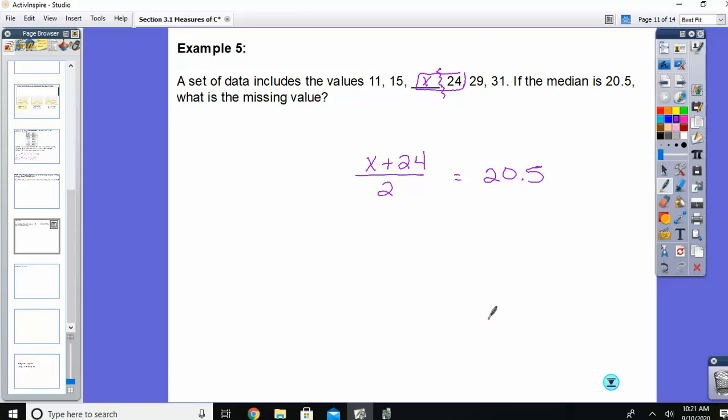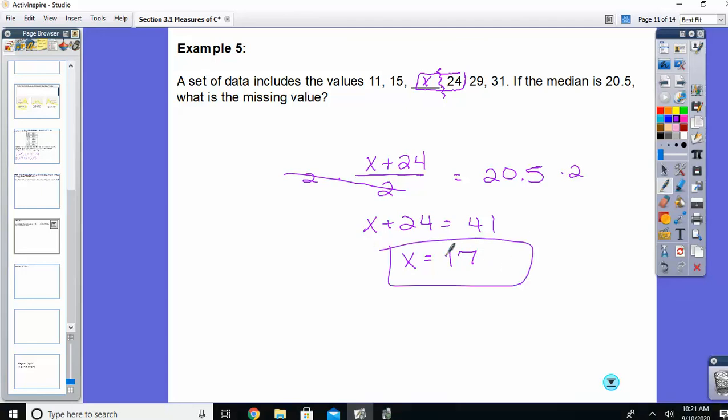Now, isn't this an equation we can solve? Multiply by our 2. So x plus 24 equals 41. Subtract your 24, and we get 17.